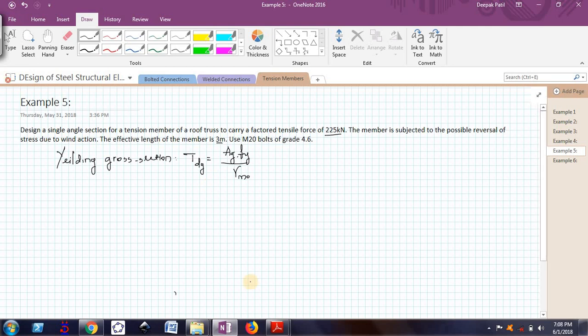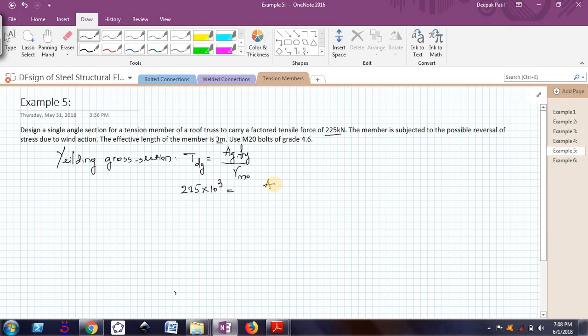Now here we'll assume that the given load, which is 225 kilonewton, is nothing but the full strength of that angle, that is 225 into 10 to the power 3 newtons.